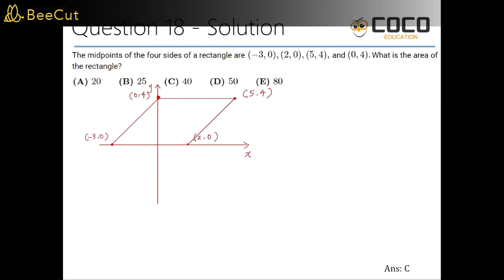Okay, these are the midpoints of the 4 sides of a rectangle. So as we know, for a rectangle, when you connect the midpoints of the 4 sides, this will give us a parallelogram, and it's easy to show that this is half of the rectangle.